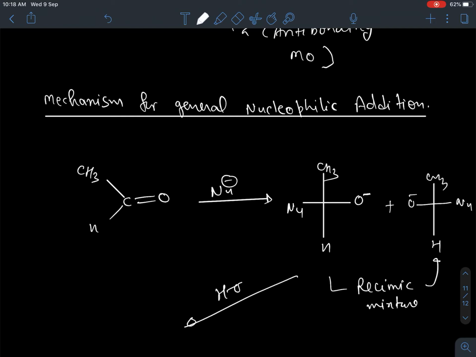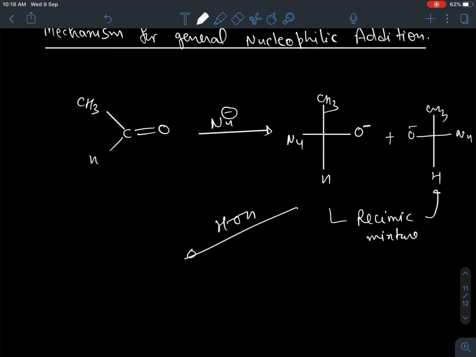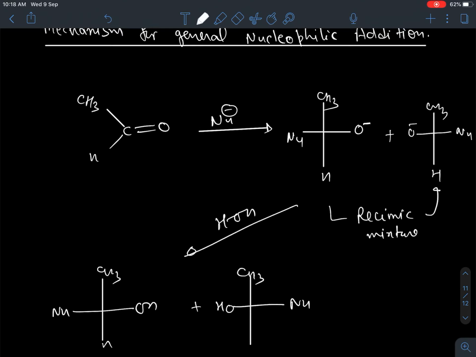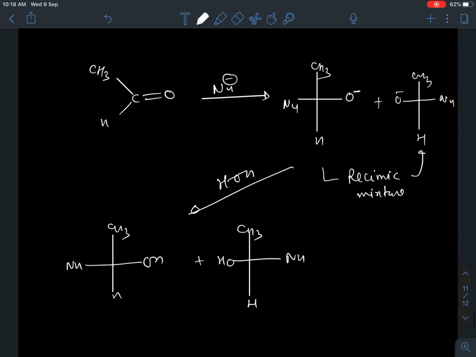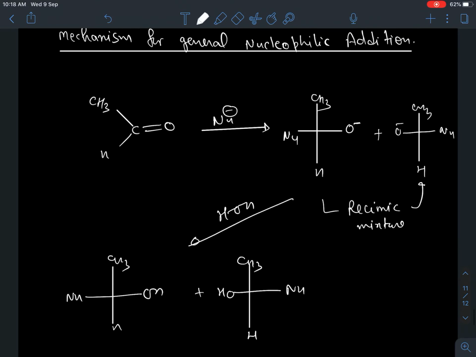Water is there in the solvent, so it will take up a proton, and you are going to get OH, nucleophile, CH3, H, plus just the enantiomeric pair of this, OH, nucleophile, CH3 and H.